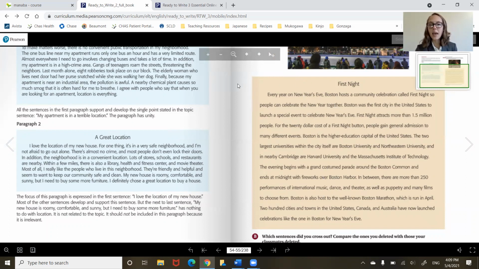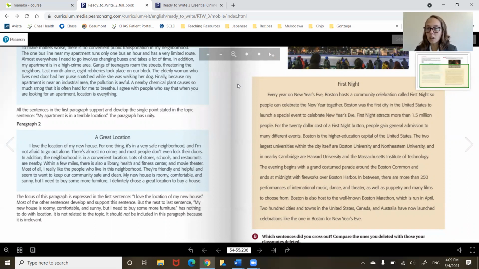First Night. Every year on New Year's Eve, Boston hosts a community celebration called First Night so people can celebrate the new year together. Boston was the first city in the United States to launch a special event to celebrate New Year's Eve. First Night attracts more than 1.5 million people.